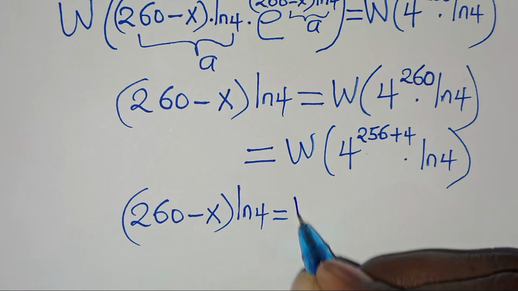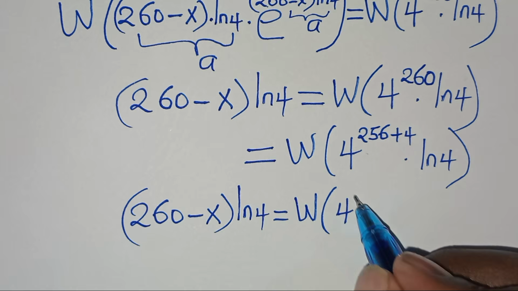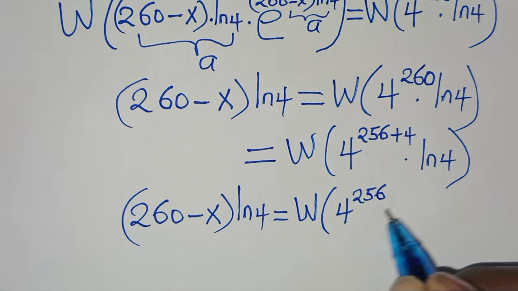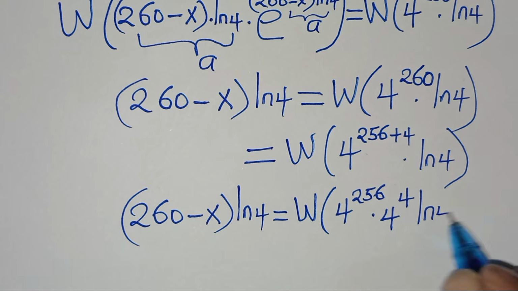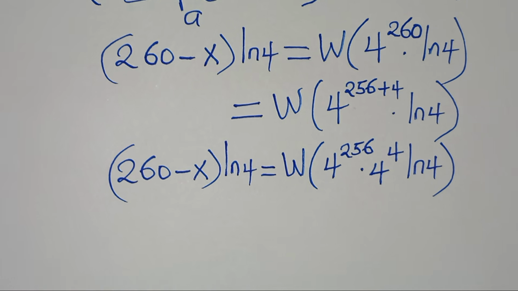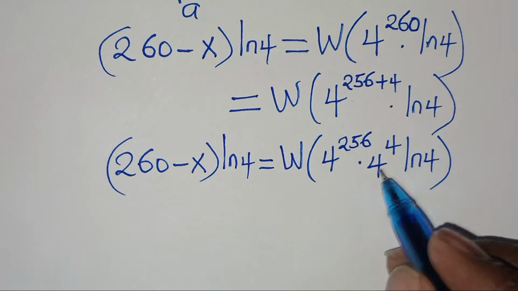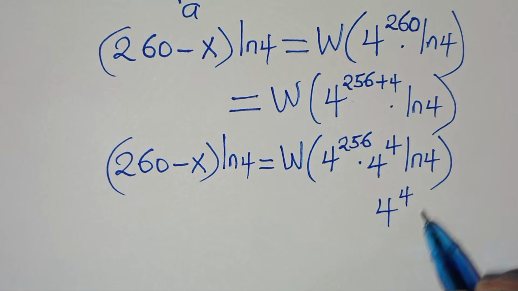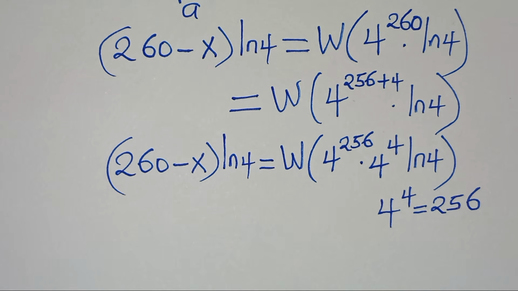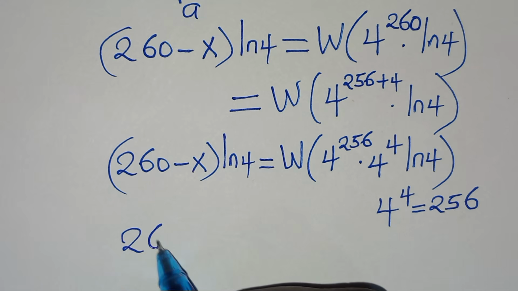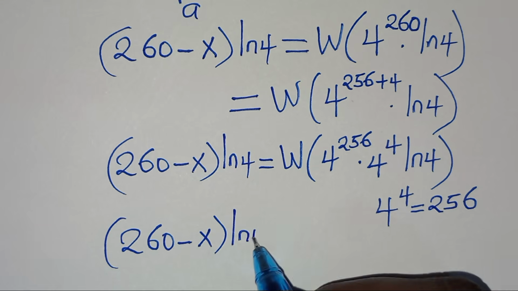This is equal to the Lambert W function of 4 raised to the power of 256 multiplied by 4 raised to the power of 4, then multiplied by ln of 4. Now, in the next step, we have 4 to the power of 4. This is the same thing as 256. So this implies that we have 260 minus x multiplied by ln of 4.